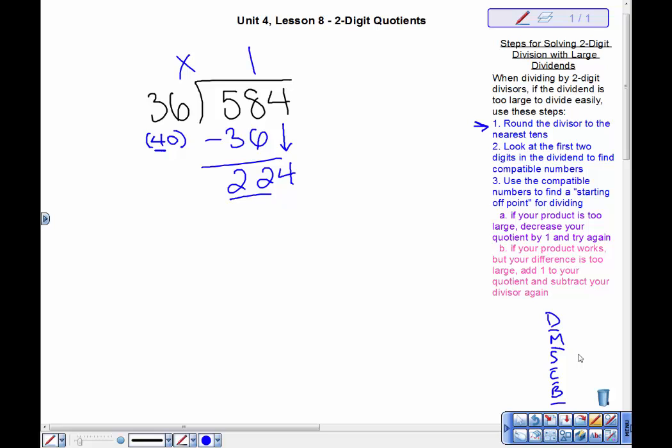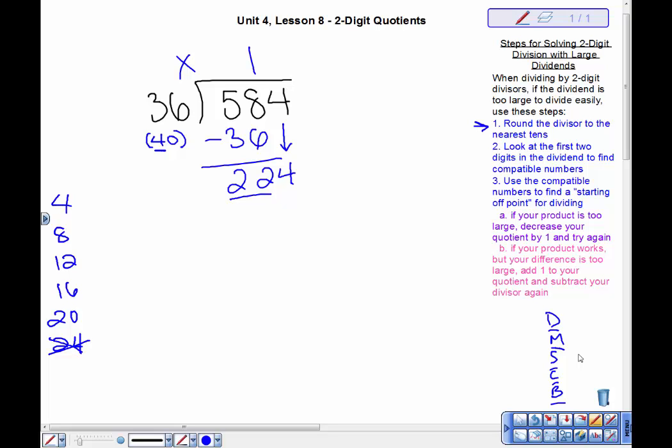I want to figure out how many times I can take 4 away from 22 before I run out of numbers or I go over. If I need to, I can skip count by 4s: 4, 8, 12, 16, and I just keep going until I go over 22.